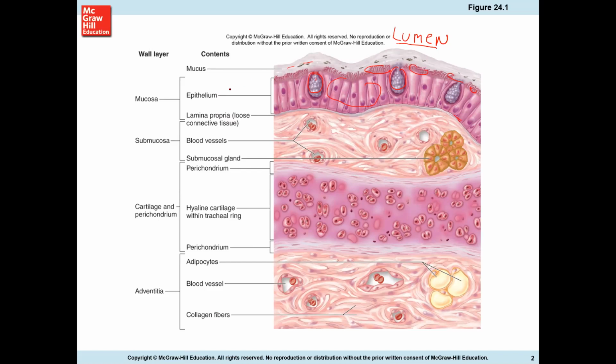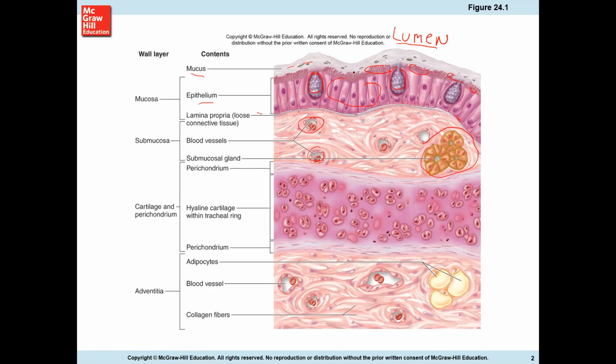So again, you have a mucosa that has epithelium and mucus producing cells, and a lamina propria, which is loose connective tissue, the reticular or areolar. And then you have a submucosa, which is very vascular, blood vessels and glands that also are producing mucus, submucosal glands.